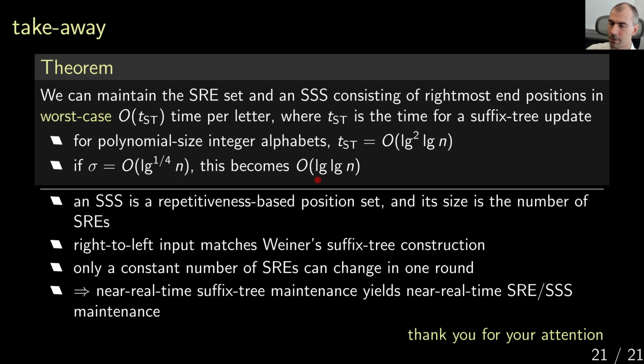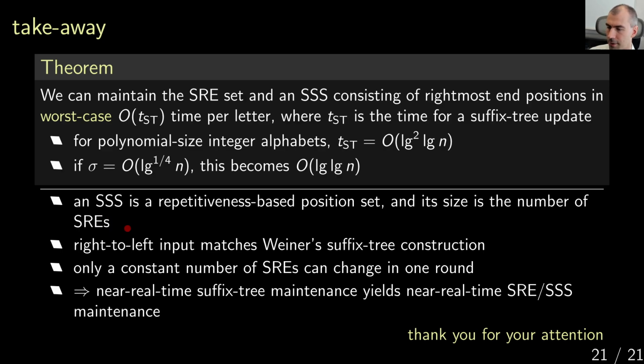Okay, what we have seen, short recap: the small sufficient sets are a repetitiveness-based position set. So a repetitiveness measure in the sense of string attractors, and the size of the SSS is the number of SREs. There's a one-to-one correspondence.